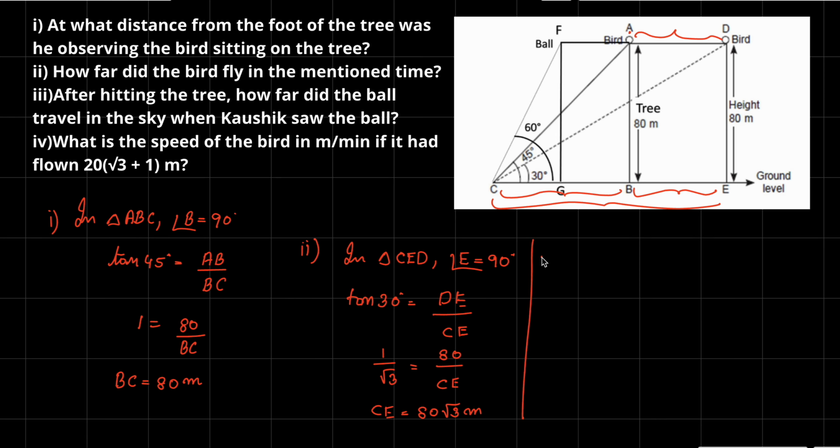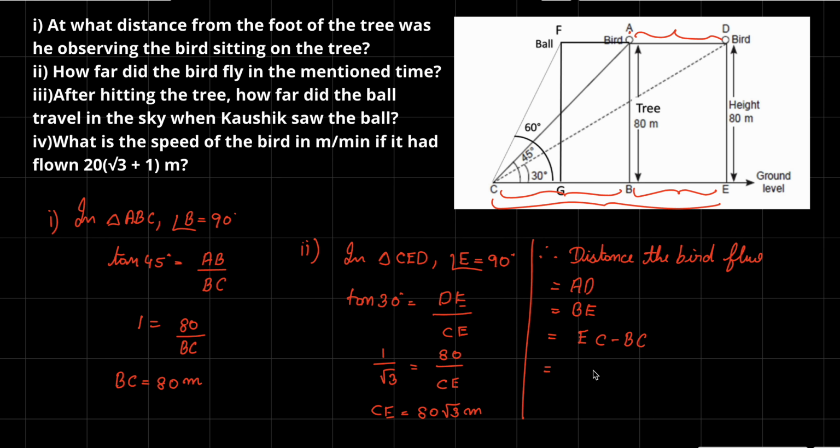Now we can go to calculate what we exactly require. Therefore, the distance the bird flew will be equal to, as I told, AD, which is equal to BE, and BE is equal to EC minus BC.